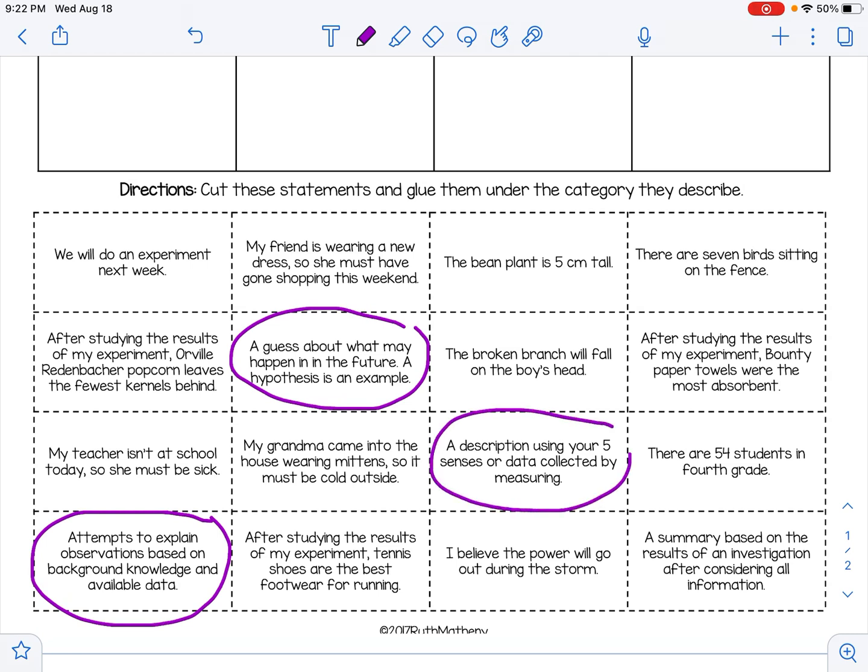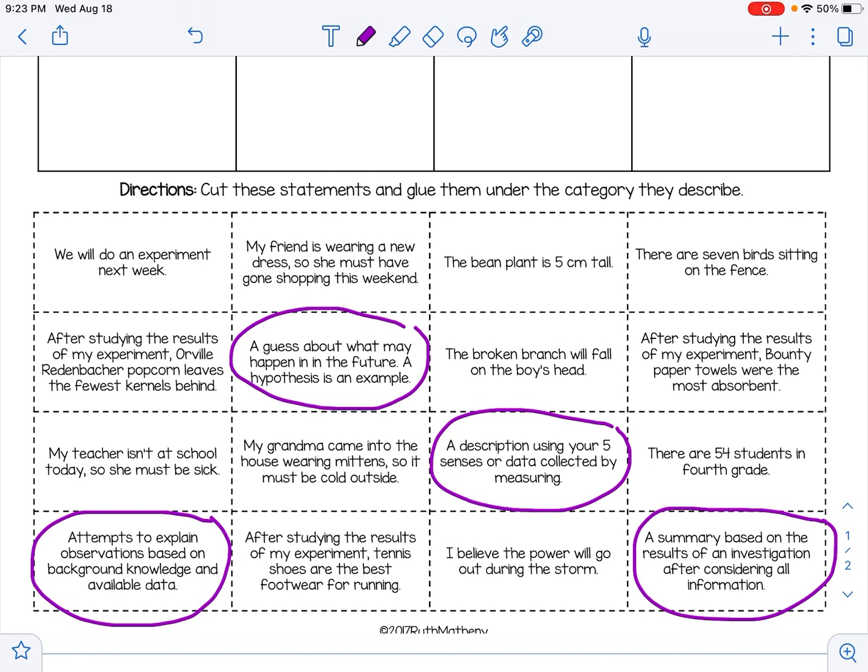A description using your five senses or data collected by measuring. And then our final one is a summary based on the results of an investigation after considering all information.